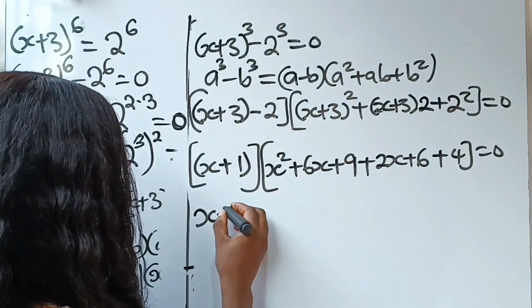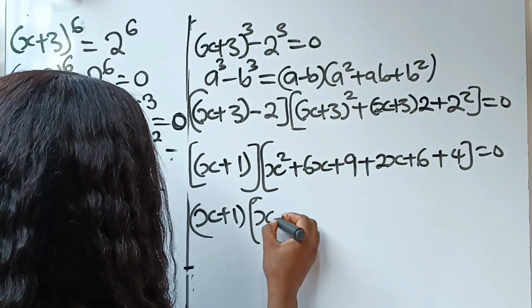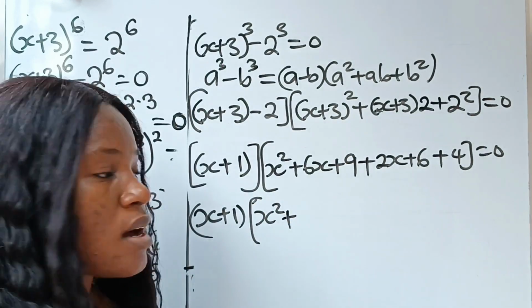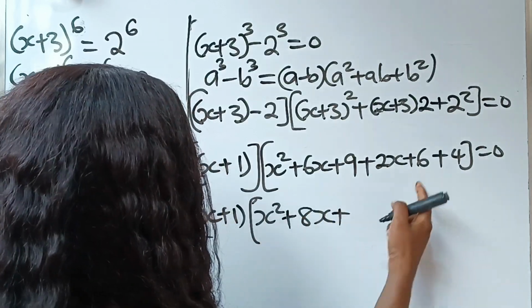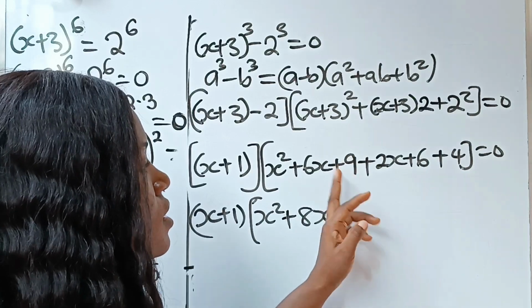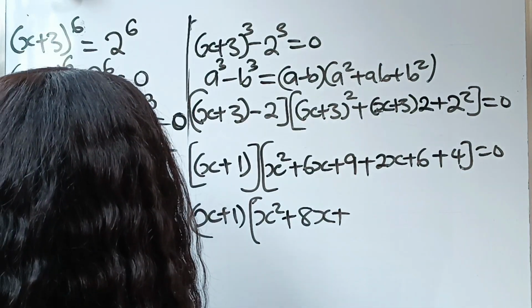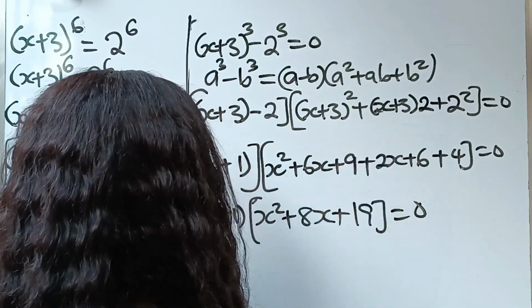So we have x plus 1 bracket x squared. Now we are collecting like terms: 6x plus 2x is 8x, plus 6 plus 4 is 10, and 10 plus 9 is 19, is equal to 0.